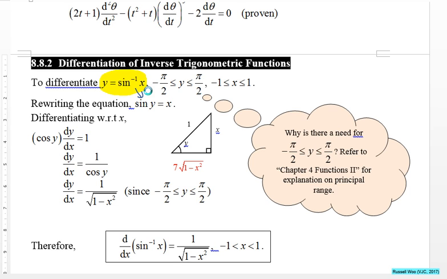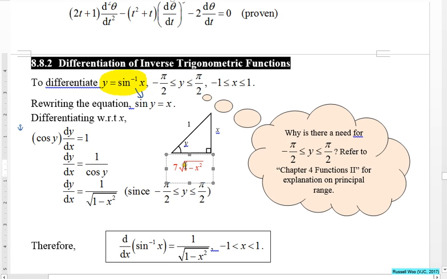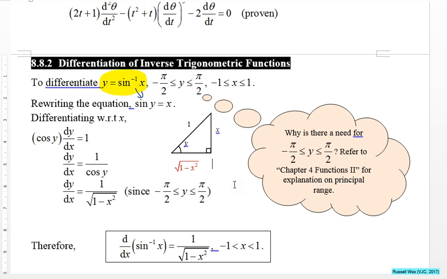Now, if you have this right angle triangle, the hypotenuse is 1, this is x, and this is square root, what is that, 7 here? What's 7 doing there? Do you have 7 in your notes? Don't have, right? Then it shouldn't be there. This must be square root of 1 squared minus x squared. Okay, now we are done.